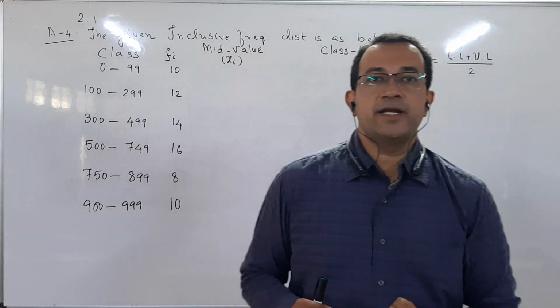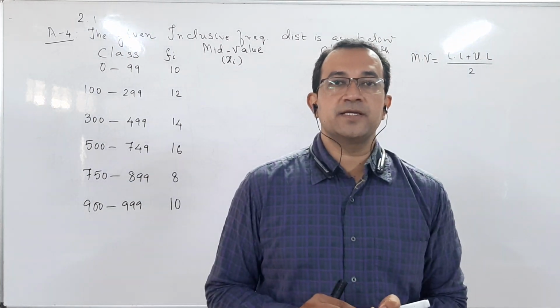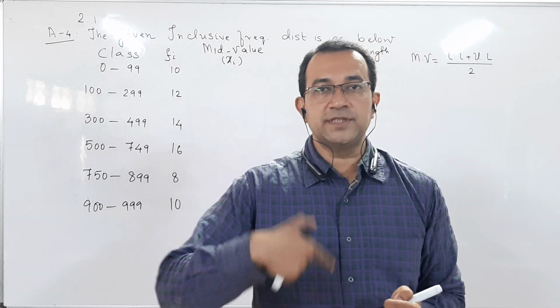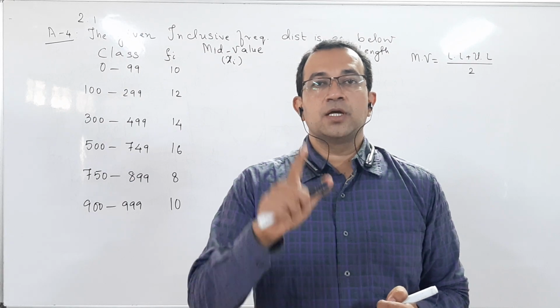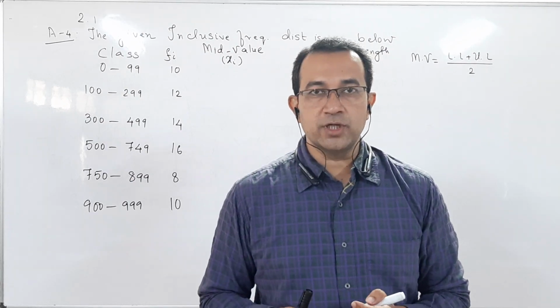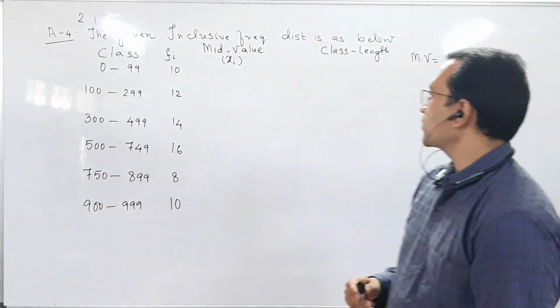What is the definition of mid value? Then I can say the average of class limit is called mid value of that class, or lower limit plus upper limit divided by 2, students, is called mid value of that class.